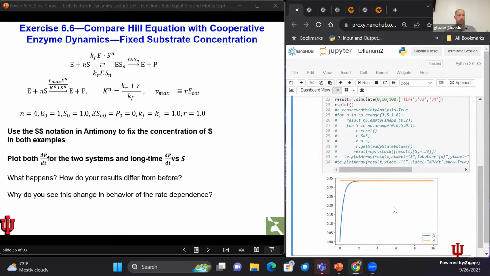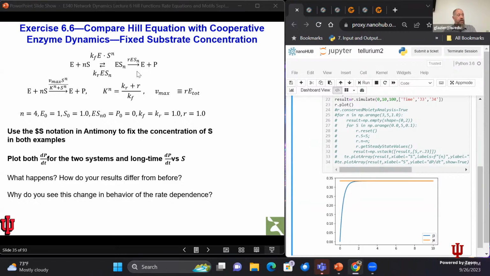So in the second one, the Hill equation, the rate of production is now constant. Why is that? Well, what is the rate? The rate is V max S to the N over K to the N plus S to the N. It depends only on S. And so if the amount of S is fixed, that's a constant. It's always the same. In the first one, it takes time for E plus Sn to make ESN.